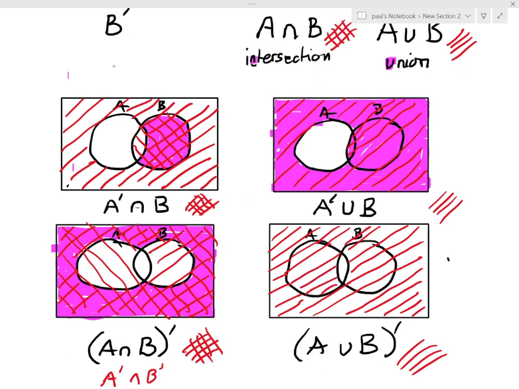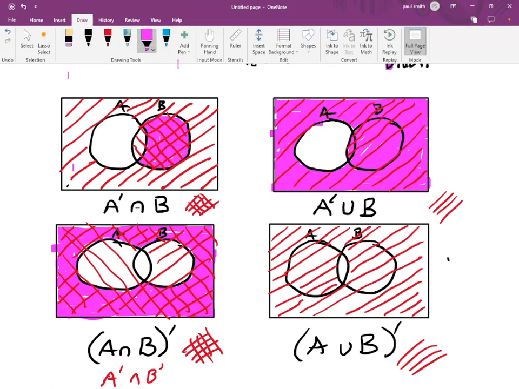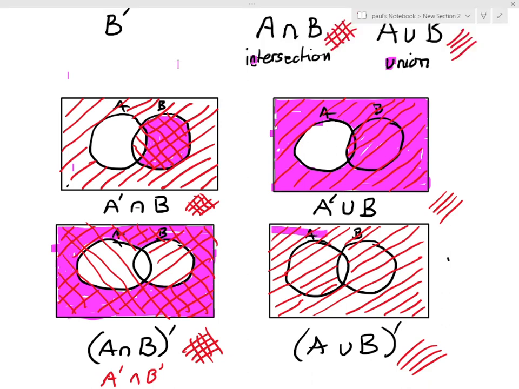So all we've got left, not in A, not in B, is the whole thing, isn't it? The whole thing, not in A and not in B. So it's everything. The union of not in A and not in B is everything apart from that tiny bit in the middle, yeah? Which is the intersection of A and B.